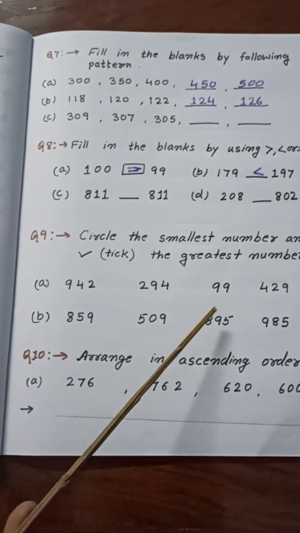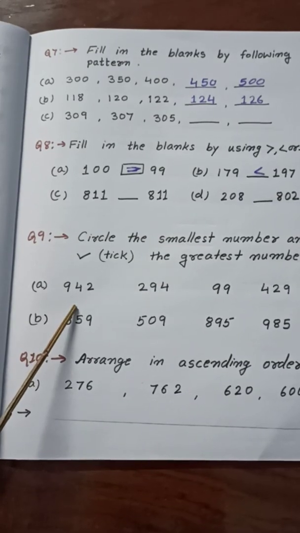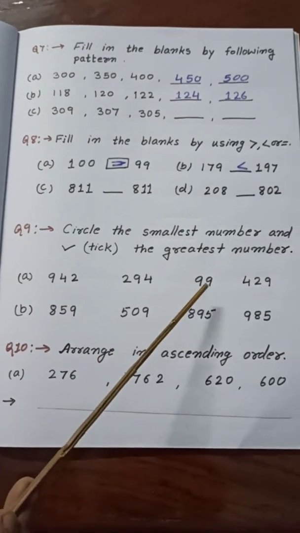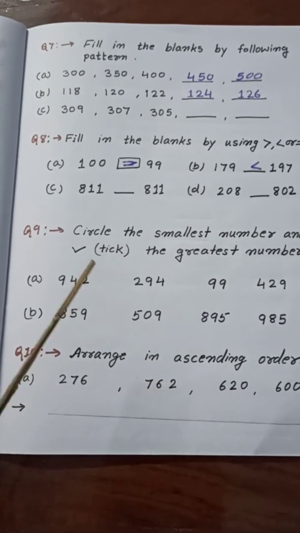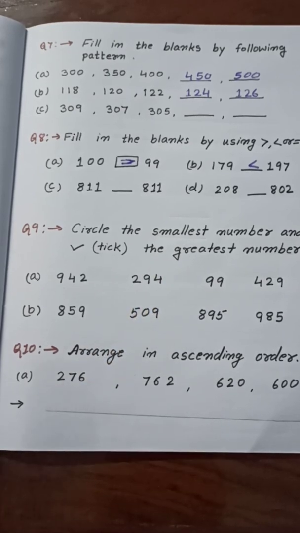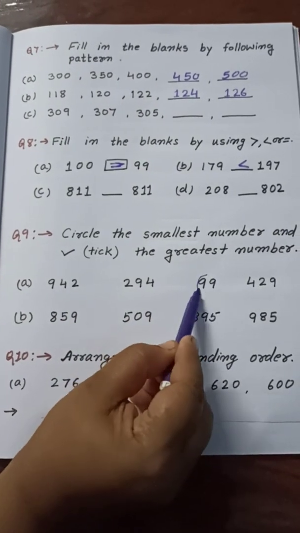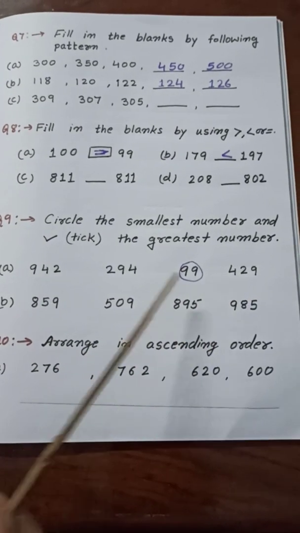Why? Because you can see all the remaining ones have 3 digits, and here only 2 digits. So 99 is the smallest number. So we put a circle here. Now which is the greatest number? Now for the greatest, everywhere there is a 3-digit number.